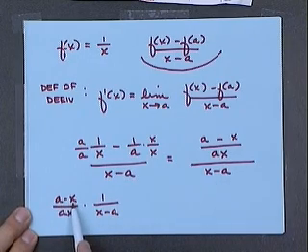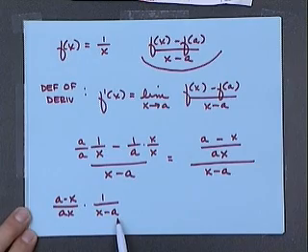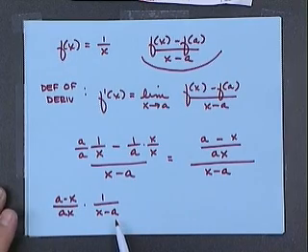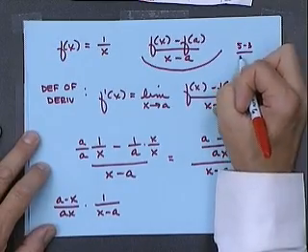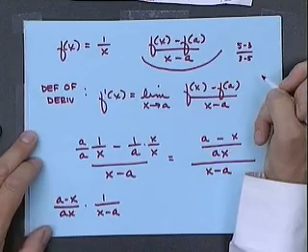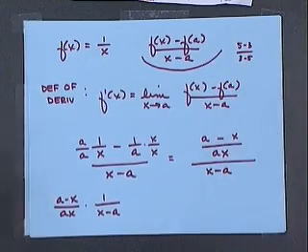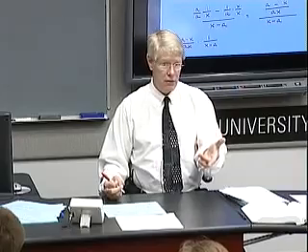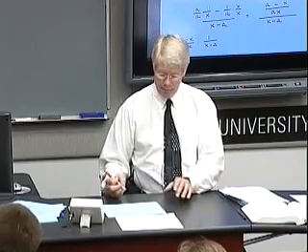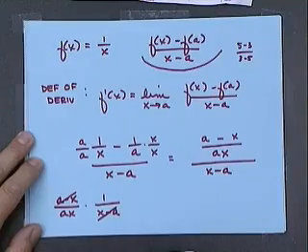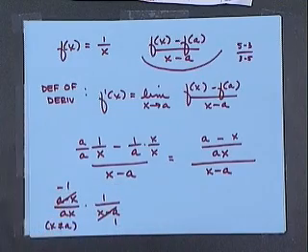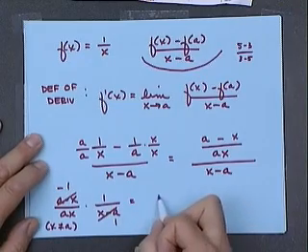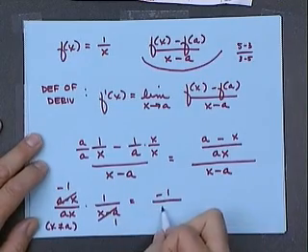How about a minus x and x minus a? Good. Reduces to negative 1. Is that believable? Yeah. 5 minus 3 over 3 minus 5, right? Reduces to negative 1. Any two numbers, you reverse the order of the subtraction, you get the same numerical value with a different sign. So I can reduce this, again, as long as x is not equal to a. And it doesn't reduce to 1, but to negative 1. So the end result is negative 1 over ax.